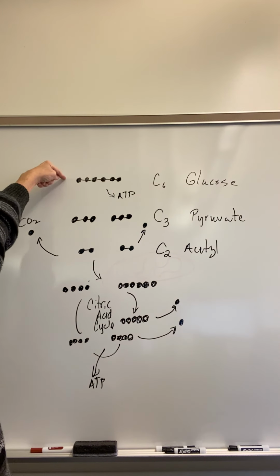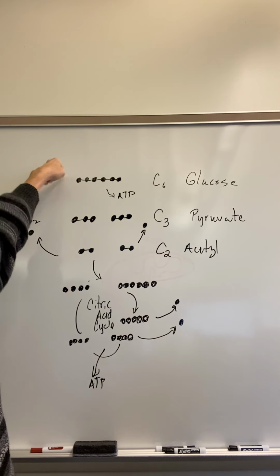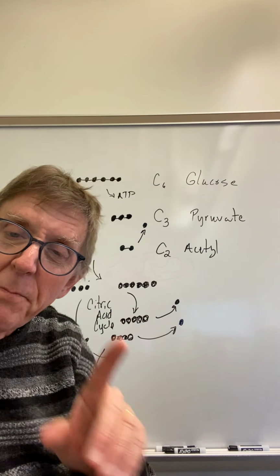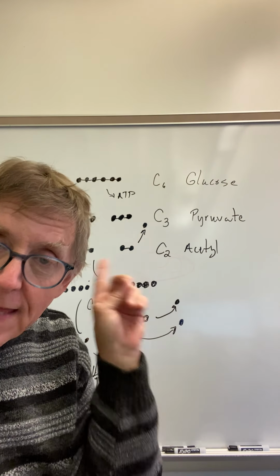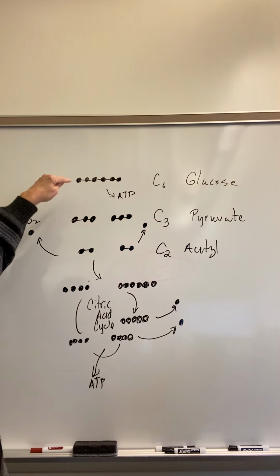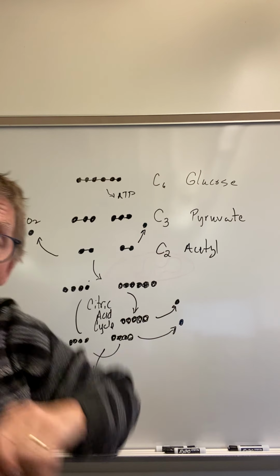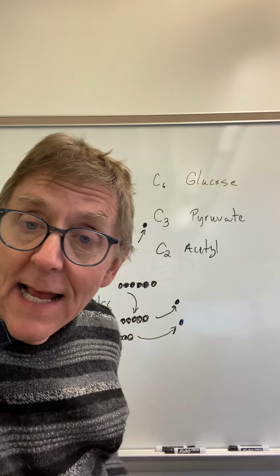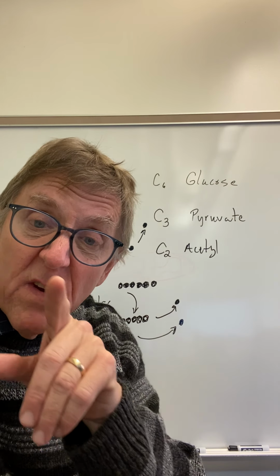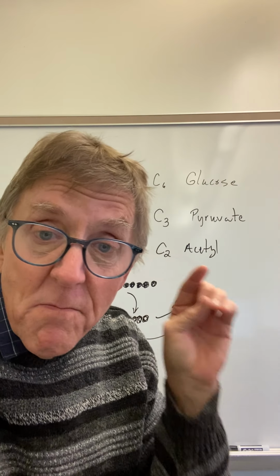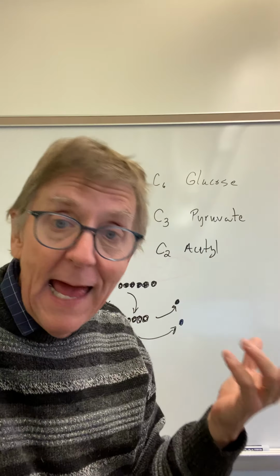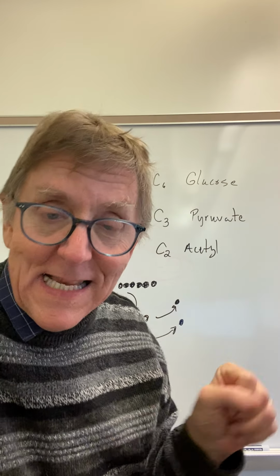So if you look up here, I want you to look at that thing. I know it doesn't look like much, but if you count the balls, count the little black balls, we have 1, 2, 3, 4, 5, 6. Hey, that's just like that formula. 6 carbons. We're going to play the game, follow the carbons.